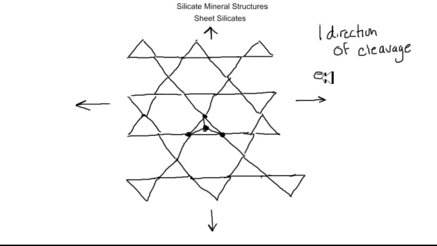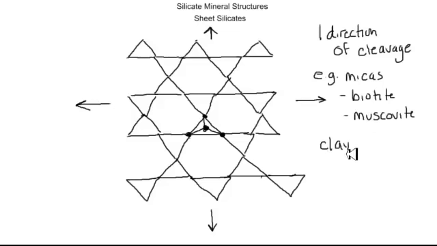So let's talk about some examples of sheet silicate minerals. We have the minerals like the micas, and there are 2 common ones, Biotite Mica and Muscovite Mica. And then there's also a whole big group of minerals called the clay minerals, or just clays.